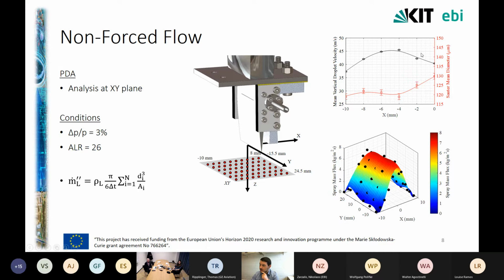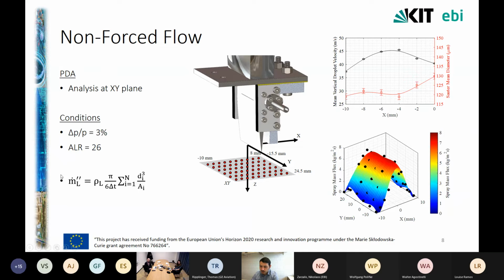And we can see on the top right graph the trend of the mean velocity and the outer mean diameter measured with PDA. So you can see first of all that the velocity going from 0 to -10 follows exactly the same trend as the shadowgraphy showed. It first increases to a local maximum at around -5 and then decreases again, and the outer mean diameter shows again the same trend, starting with a local maximum at 0 and then dropping and staying rather constant until the edge of the spray.